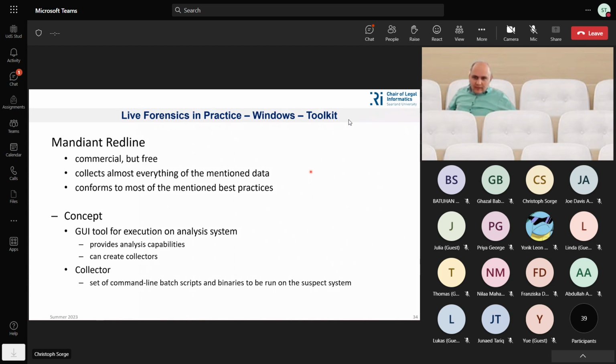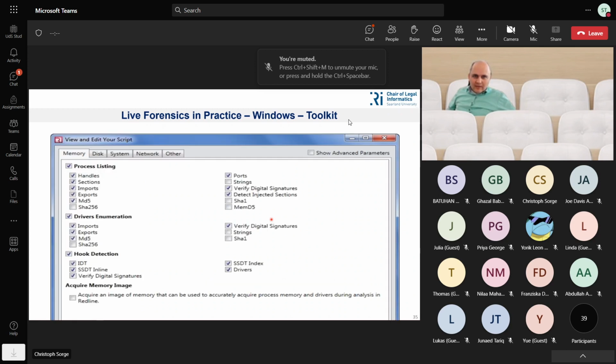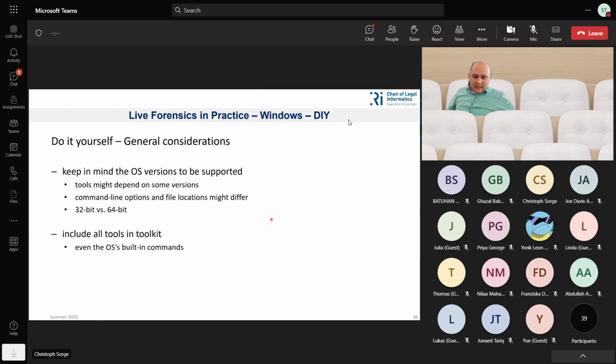There is a collector tool without a GUI, basically batch scripts to be run on the suspect system, and a GUI tool for a separate analysis system. But we will not go into detail, I mean the screenshot for that, but as I said, the practical considerations and use of tools, not just Mandiant Redline but other tools, is mostly for the tutorial.